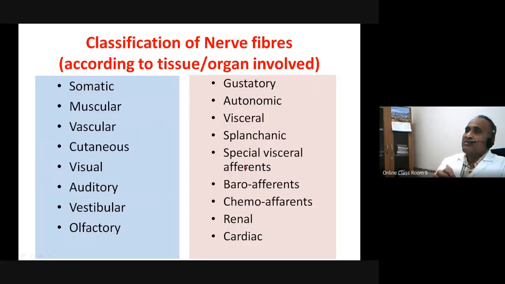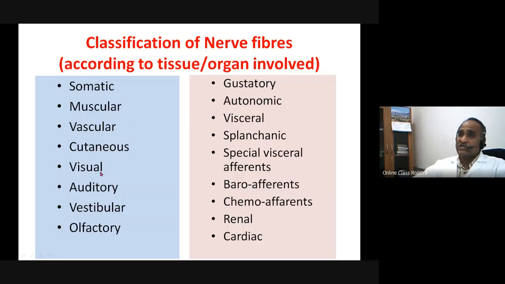Now, the nerve fibers can also be classified according to the tissue or organ involved. Just naming them here: somatic nerve, the muscular nerve if it is supplying the muscle, vascular nerve if it is supplying the blood vessels, or if it is supplying the skin, cutaneous nerve.